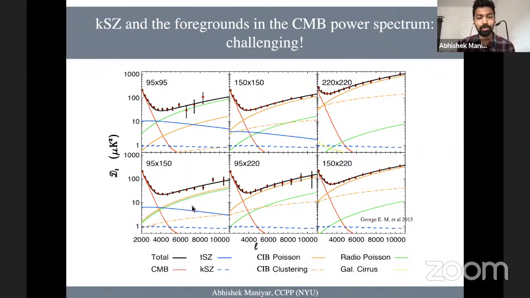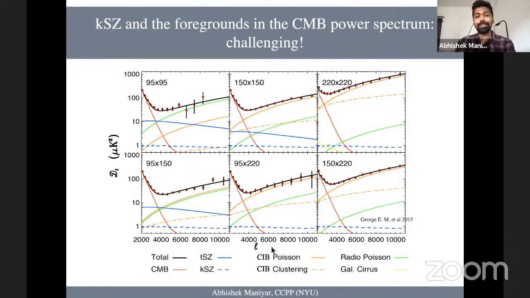The other lines, blue, orange, green, represent different foregrounds, namely the thermal Sunyaev-Zeldovich effect, then the CIB, cosmic infrared background, then you also have galactic cirrus or radio shot noise. And on top of that, you also have the correlations between different foregrounds.